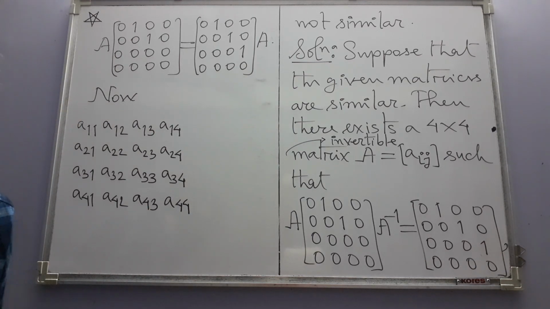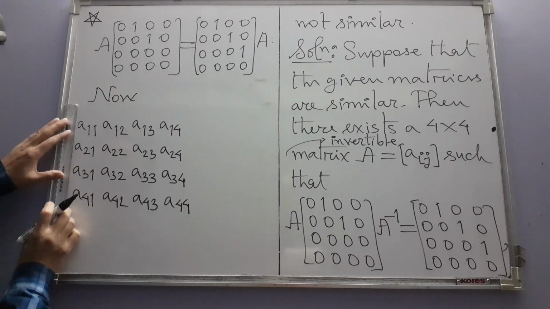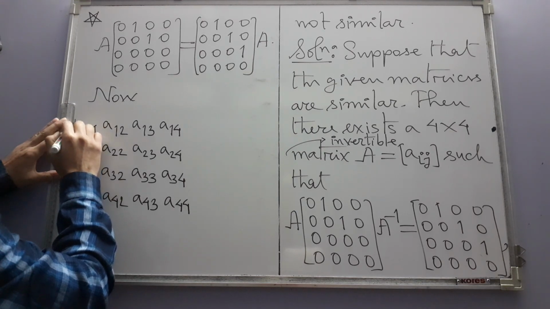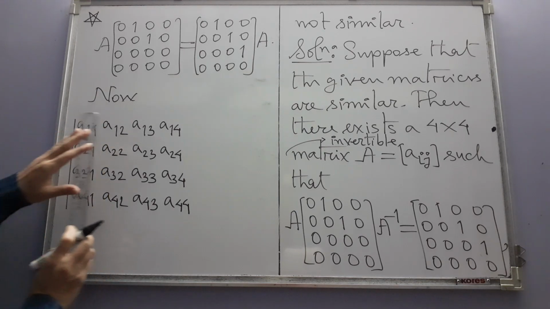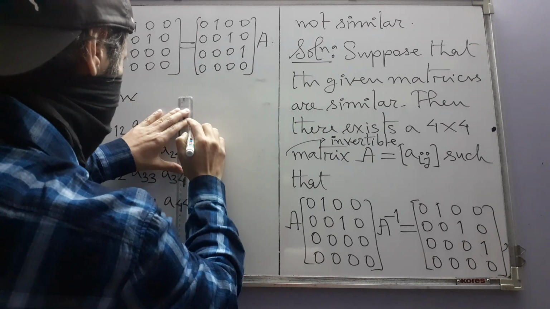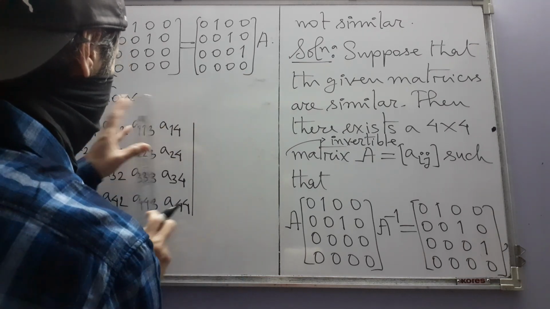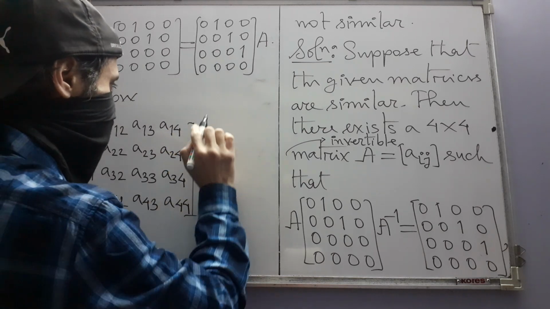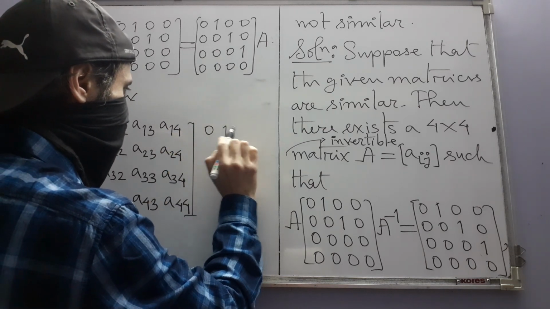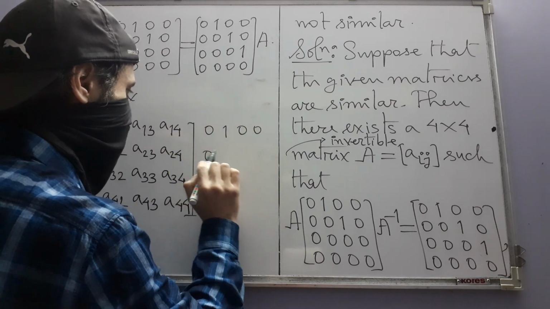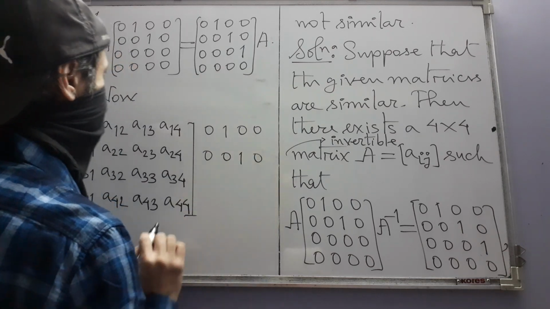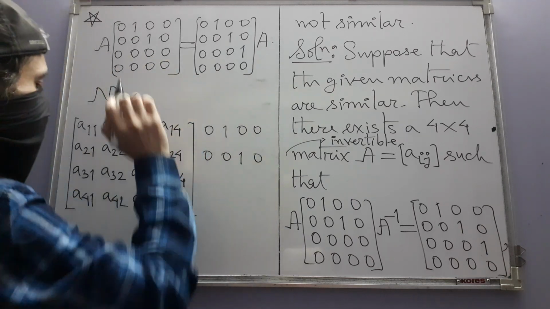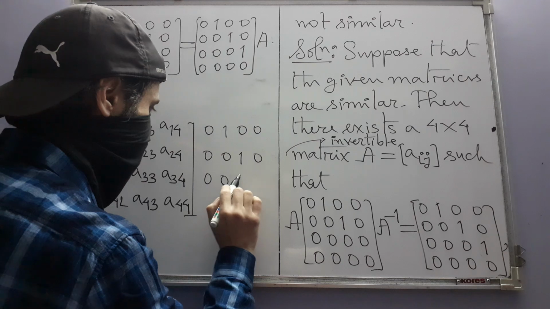And I think it will be nice if we use a ruler, otherwise it looks very messy. Zero, 1, 0, 0, 0, 0, 1, 0, and these two rows are entirely 0.